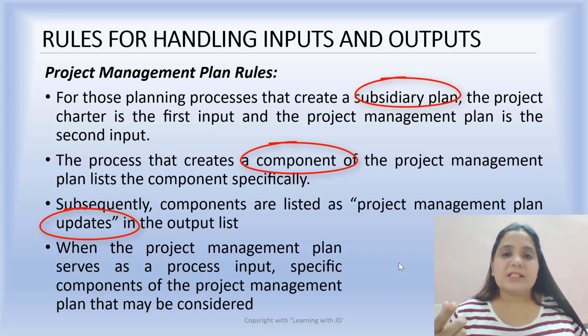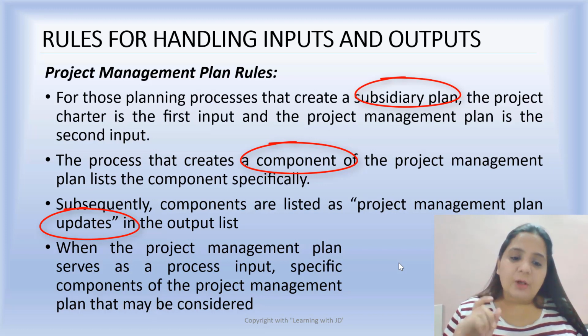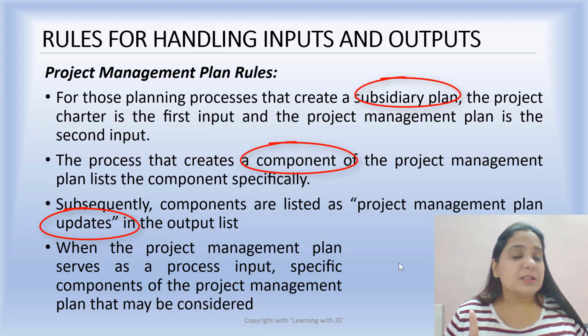Similarly, when a component is listed for the first time, the name of that component is specified. But whenever there are changes to that, it is known as project management plan updates in the output list. When the project management plan serves as the process input, a specific component of the project management plan may be considered.